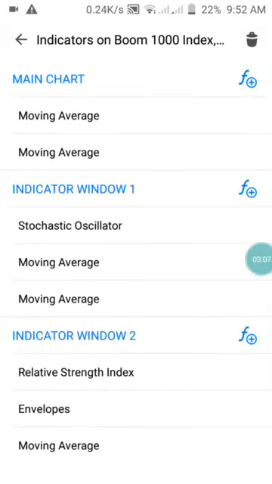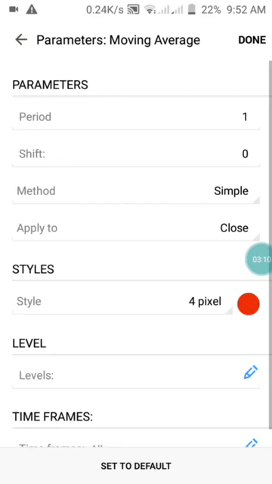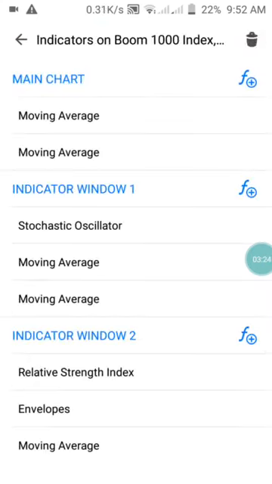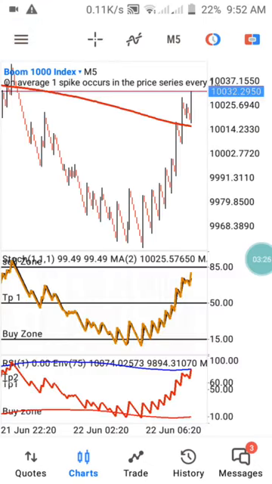Now let's check the last indicator that we have, which is the moving average. We have the period of 1, we have the shift of 0, we have the method to be simple, we have apply to close, and we have red as our color here. Then you can press done. So by doing this, we have the same settings the way I have it here on my chart.